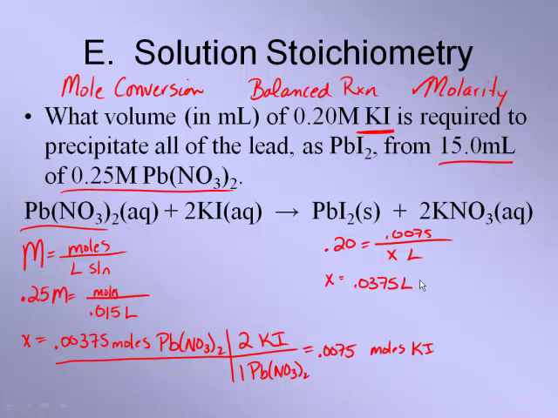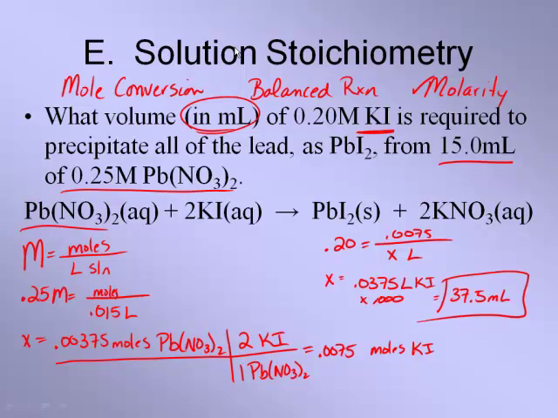And of course that's liters of KI, but the problem doesn't ask for liters of KI. The problem specifically says in milliliters. So I multiply by 1,000 and I get 37.5 milliliters.